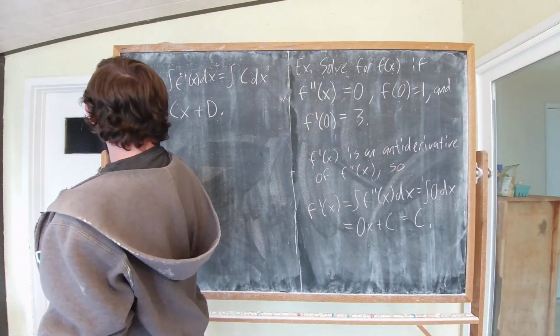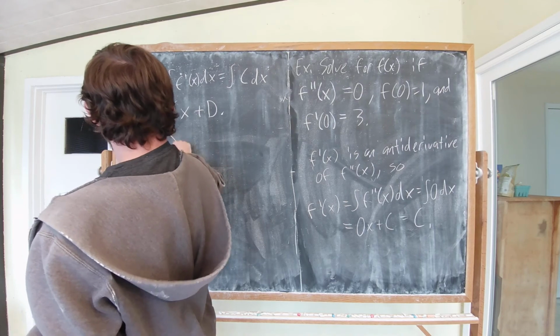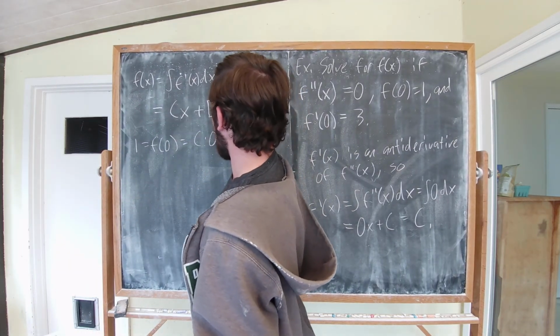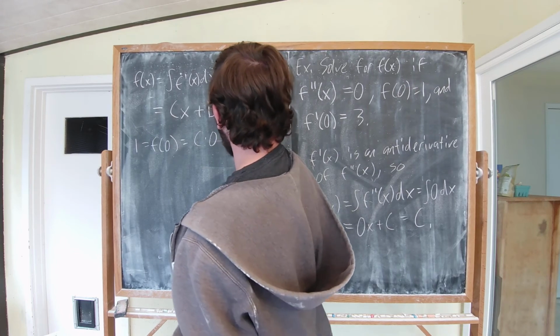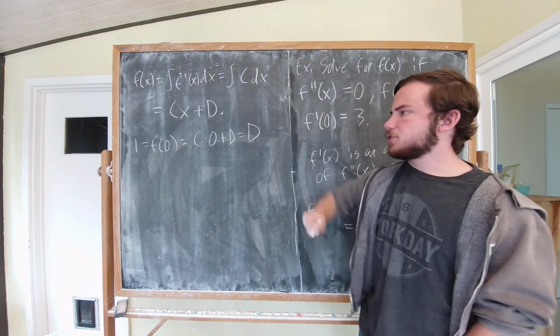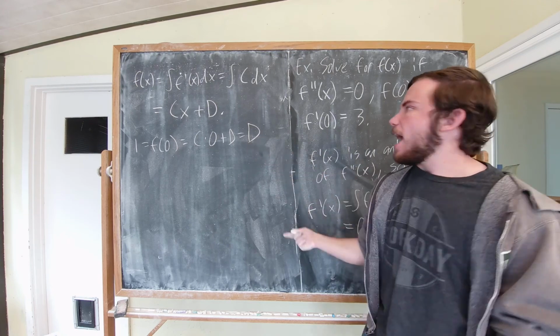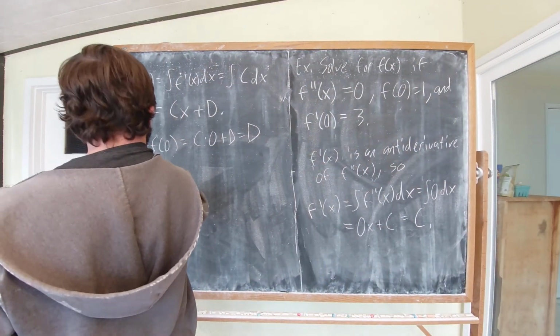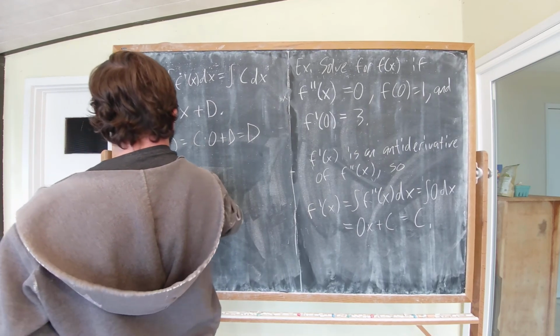We know that 1 is equal to f of 0. F of 0 is c times 0 plus d, which is just d. So d is equal to 1. And then we also know that 3 is equal to f prime of 0.